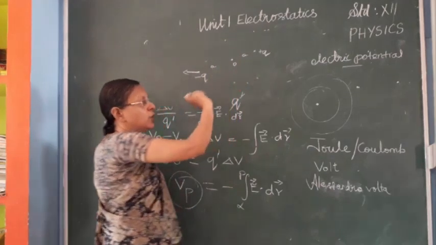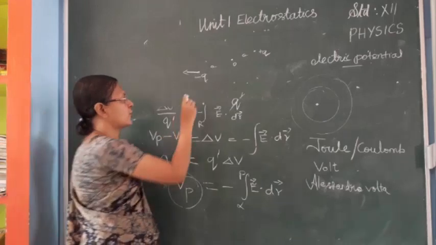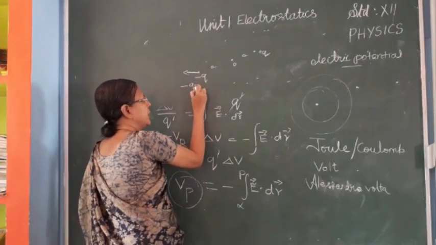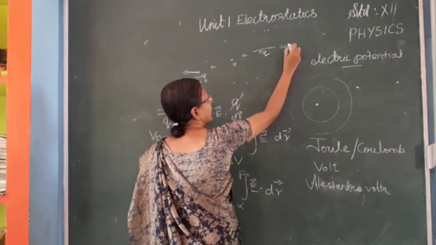So minus QE vector on one and plus QE vector on the other.